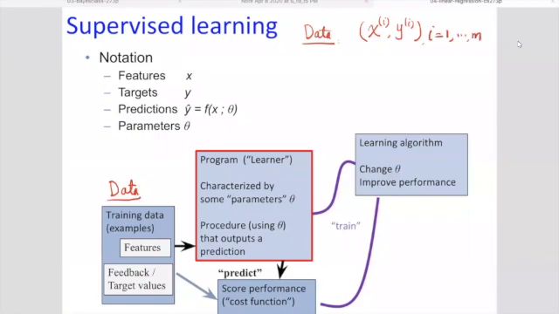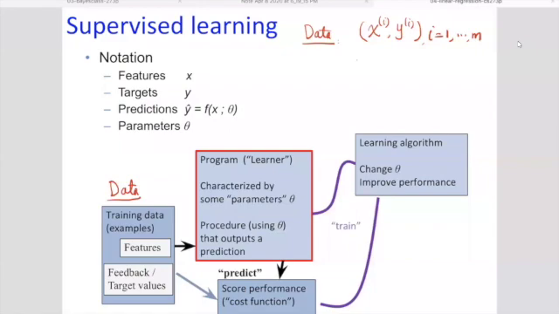So m is the total number of samples we have in the entire training data set. This means you have m training examples, each one of them with input x and the output target value y.